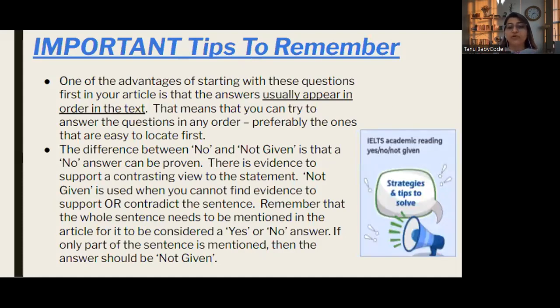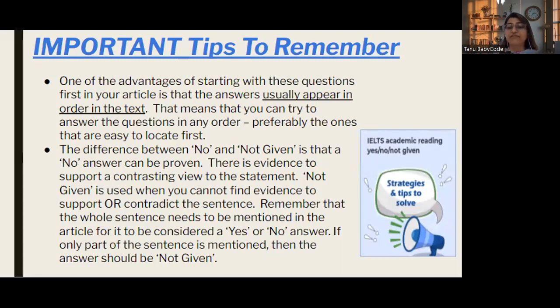Now, what are the important tips to remember? One of the advantages of these questions in your article is that answers usually appear in the order of your text. As I told you in true, false, not given also, answers are in the order of your text.